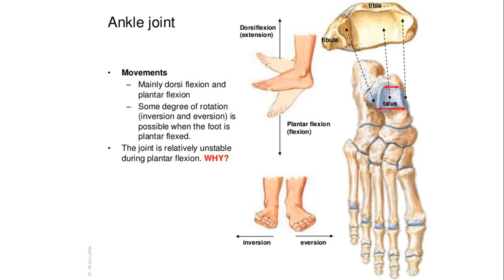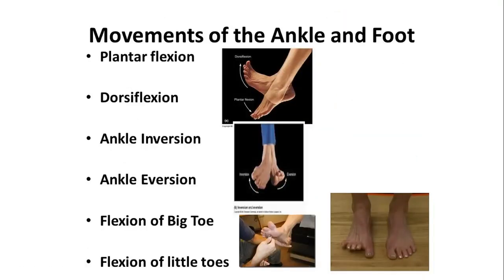So in this sense, the joint is relatively unstable during plantar flexion, and this is mainly because of the shape of the trochlea of the talus. Movements: plantar flexion, dorsiflexion, ankle inversion, ankle eversion, and flexion of the big toe; flexion of the little toes is a separate one.